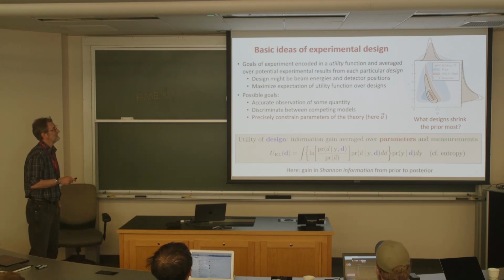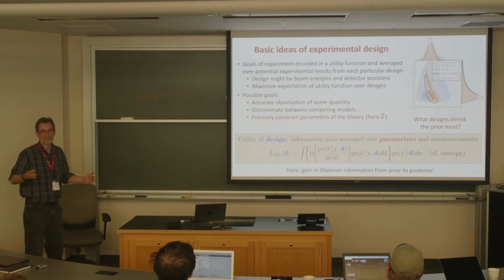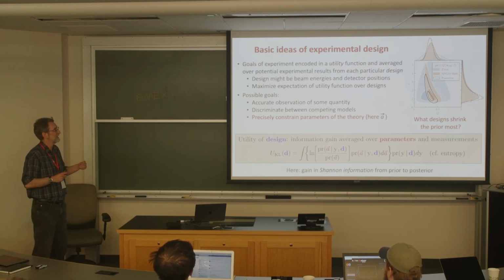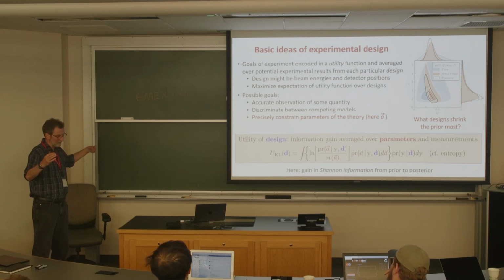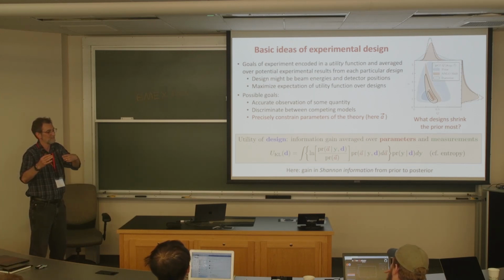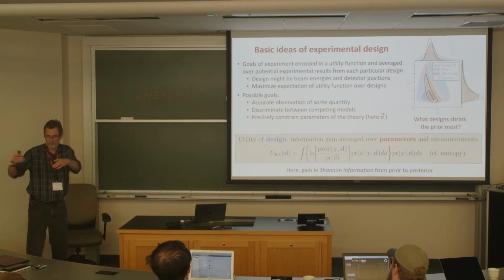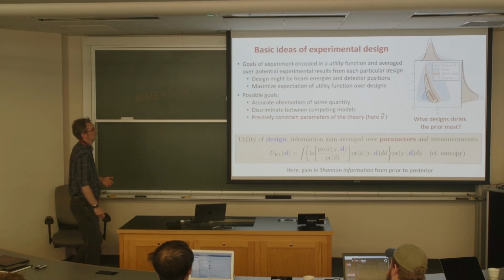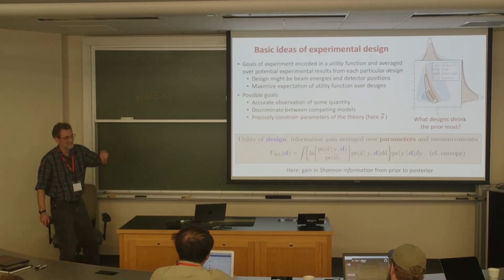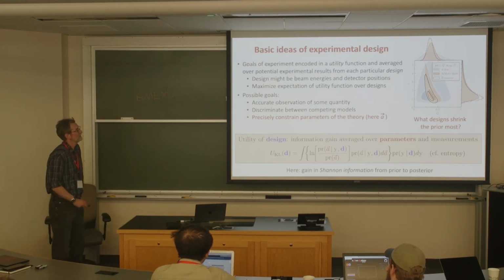So we're going to say there's a particular design, and just to make that easy, imagine we have some experiment where we have control over how much energy is in the beam and where we put our detectors. So looking at that schematic that Pablo had for scattering. And that's going to be the example on the next page.